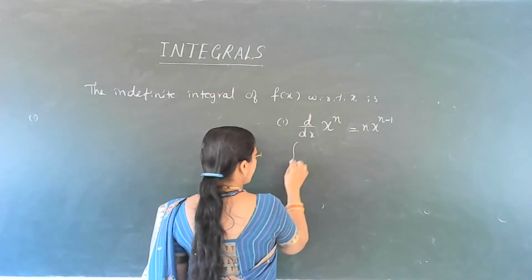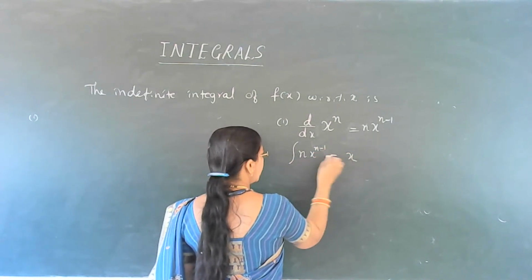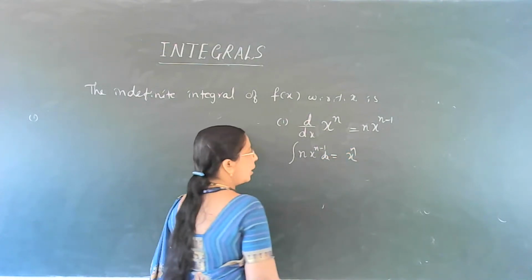Here we have to write n into x to the power n minus 1, divided by n, which gives x to the power n.